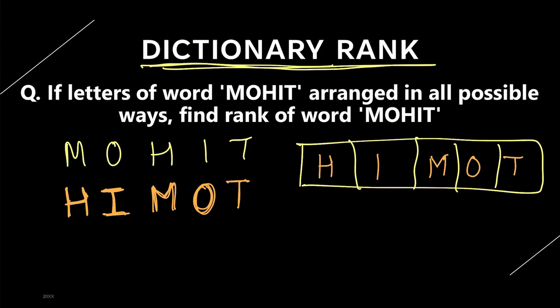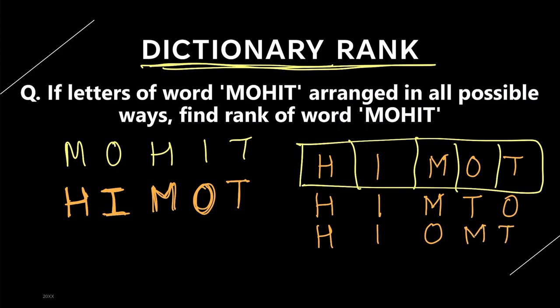Then the other words would be HIMTO, then HIOMT, and so on. Once words starting with H are done, you have I first, then M and T, and so on.